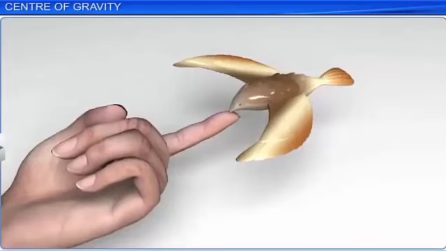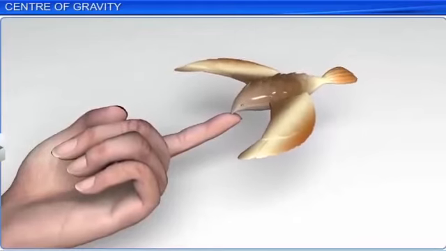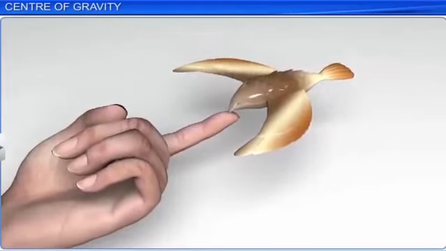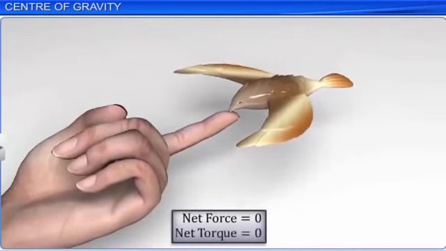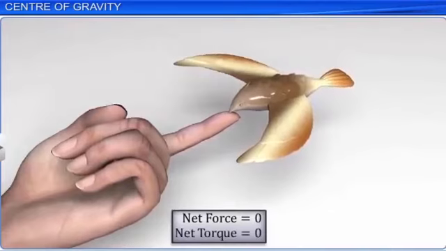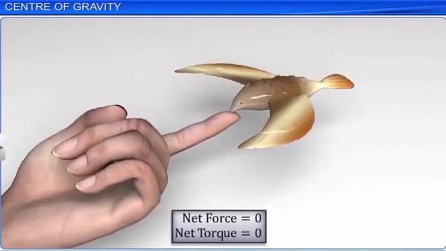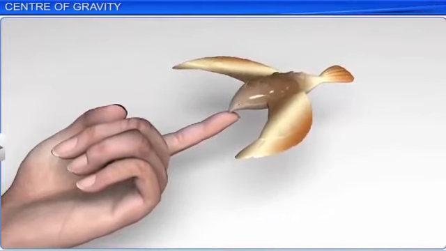The balancing bird shown here is in static equilibrium. That means net force and net torque acting on it must be 0. We know that there are two forces acting on the bird.